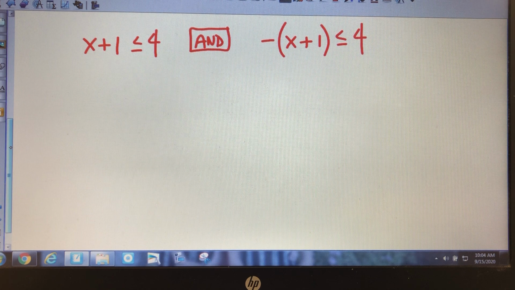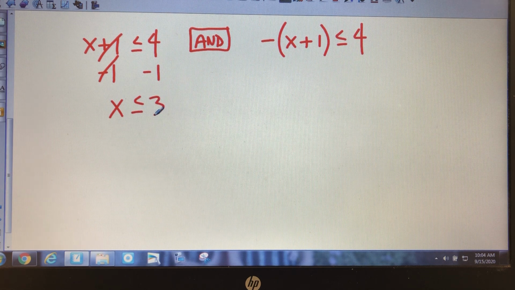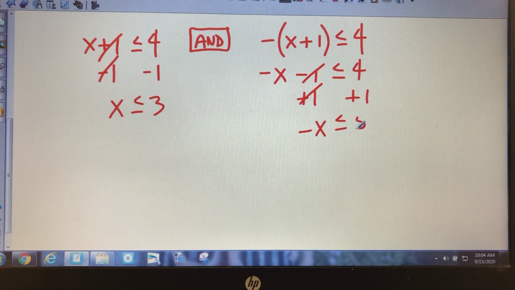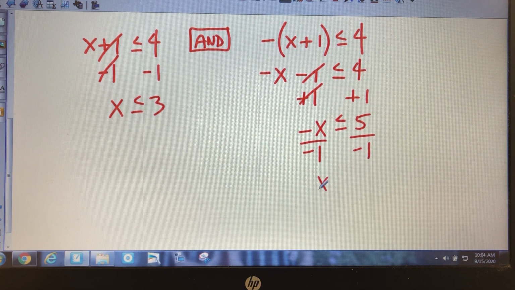All right, so let's solve both. So subtract your 1 here. Here we need to distribute the negative. Divide by negative 1. Again, you're dividing by a negative, so you have to reverse that inequality.